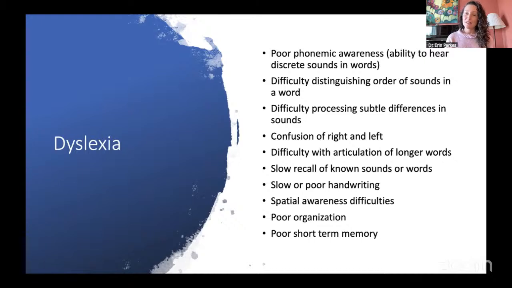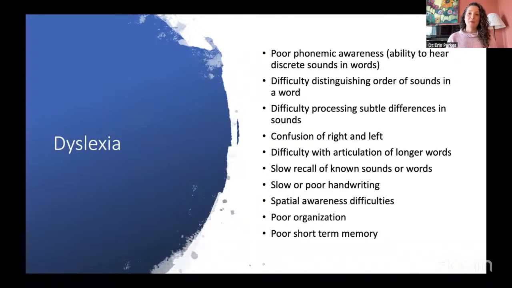Not everybody with dyslexia presents in that way, though. But there's way more to dyslexia than that. I know when I started learning about this, I was not aware of how much there is to dyslexia. And this phonemic awareness piece is really the piece that seems to be the most common.